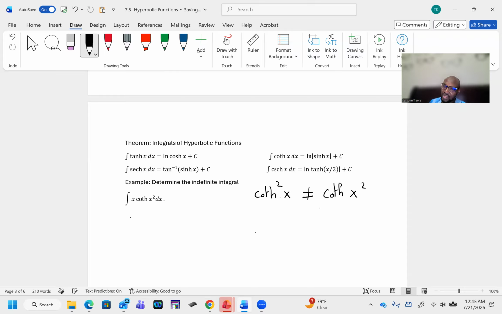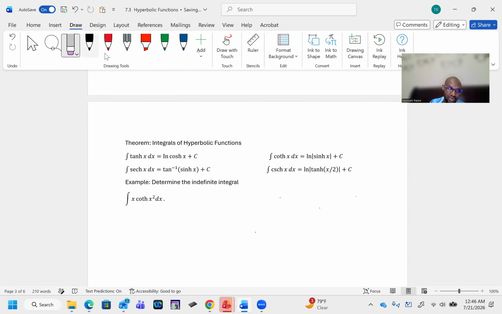In this one only x is squared, but in this one the whole function is squared. So don't get confused, okay? It's two different things. But again, do not forget we don't have product rule, so we still need to use what? Substitution.